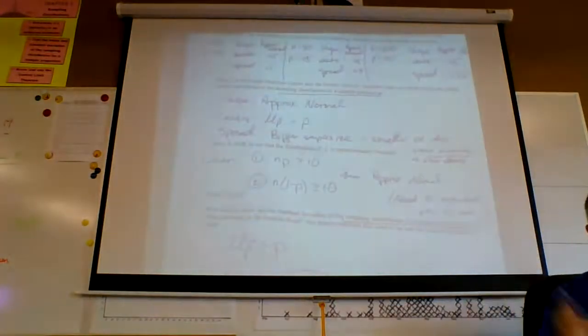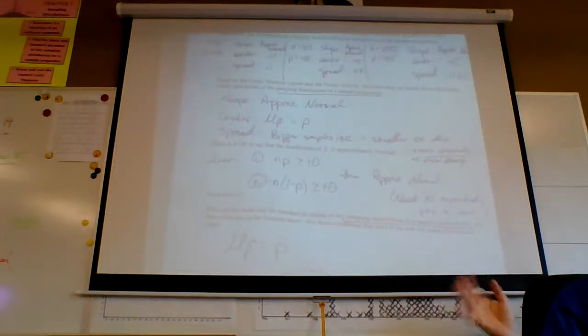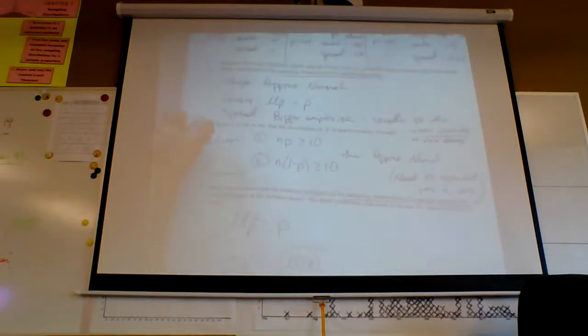Whenever we dive into what we call an inference problem, it means we're going to take a sample, then make a decision based on the sample. Take a sample, make a decision. That's inference. Anytime we do an inference problem, you have to check what's called your conditions. There have to be things that are true in order to do inference.